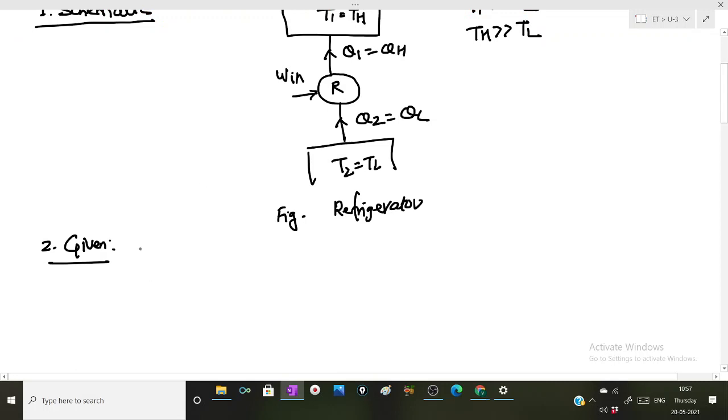So here T1 is nothing but 25 degrees Celsius and in Kelvin, this will be 298 Kelvin. Okay.